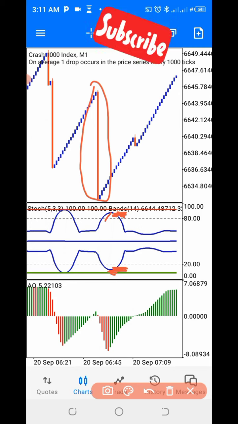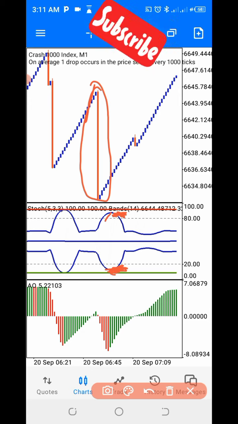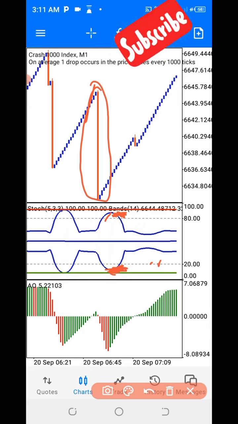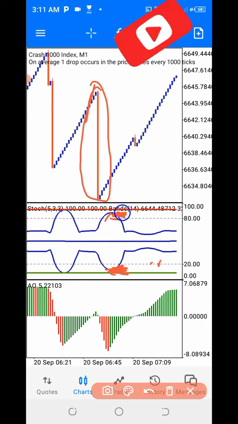So once you have this spike, automatically the Bollinger Band must come down to our 20 level, and the upper band must be around our 80 level or above.